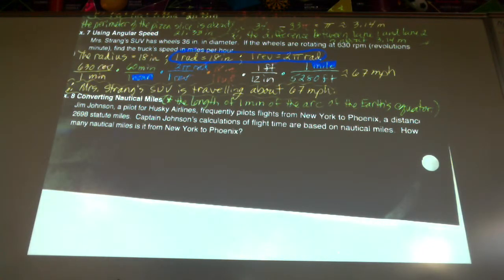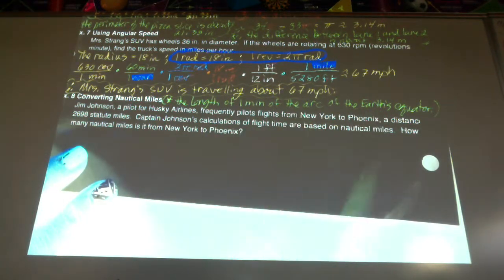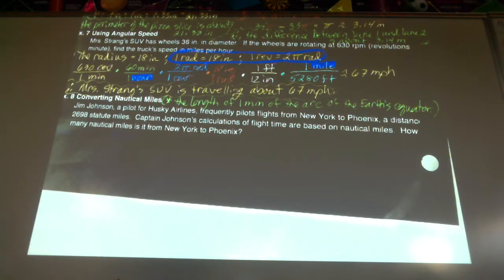So if you think about the Earth's equator, that is the great circle around our sphere of the Earth. If you cut it off at the equator, and you look at what's left over, that's the great circle of the Earth. And so we want 1 minute of the arc of the Earth's equator. So there are how many minutes in a degree? Because there's 360 degrees.